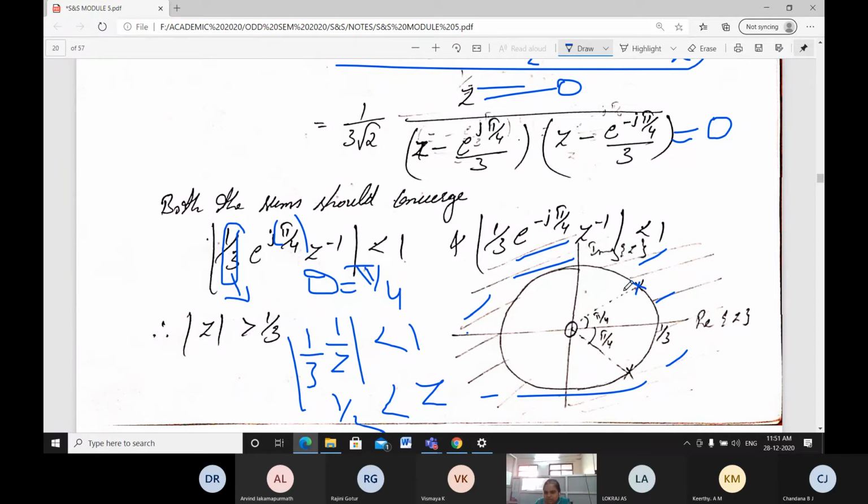Means where the angle and my circle radius touch each other, there you will get the poles, represented by a cross mark. Here it is shown. Two poles are going to be existing.